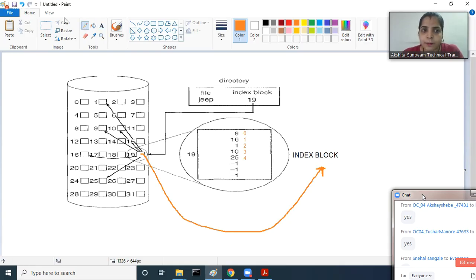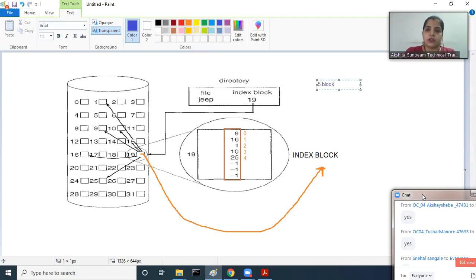These are called the page numbers of all the pages occupied by your file. So I will say here the name of the file is Jeep. Its whole information is stored in block number 19. So your operating system will go to the 19th block, and can you see here 5 blocks are used.